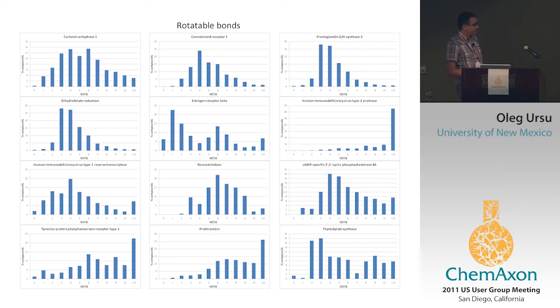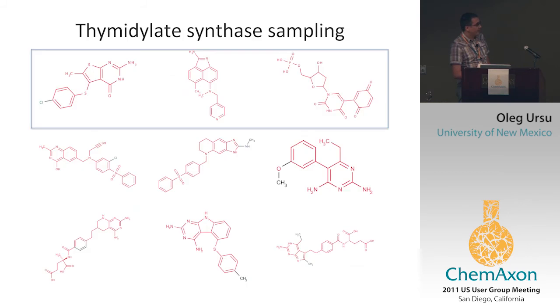But for Thymidylate synthase, the number of compounds which have more than 8 rotatable bonds is about 30%, which is similar to the other targets. And this doesn't explain why. Then I went and checked, because I selected just 1% of the compounds to be used as queries, and the Thymidylate synthase has 280 something, almost 300 compounds.